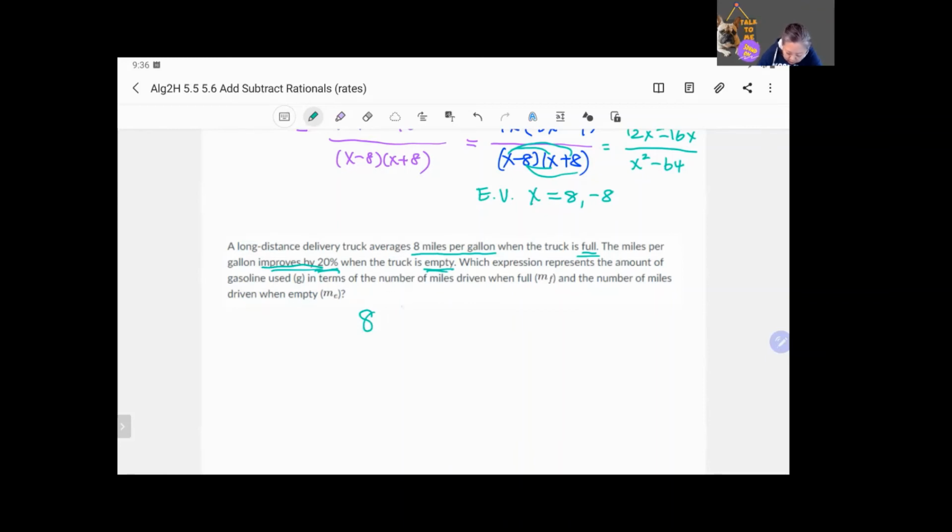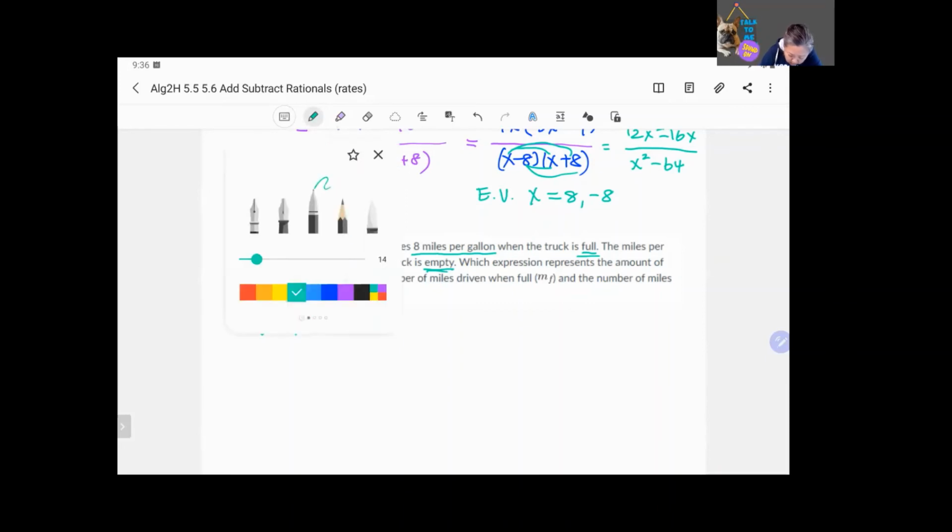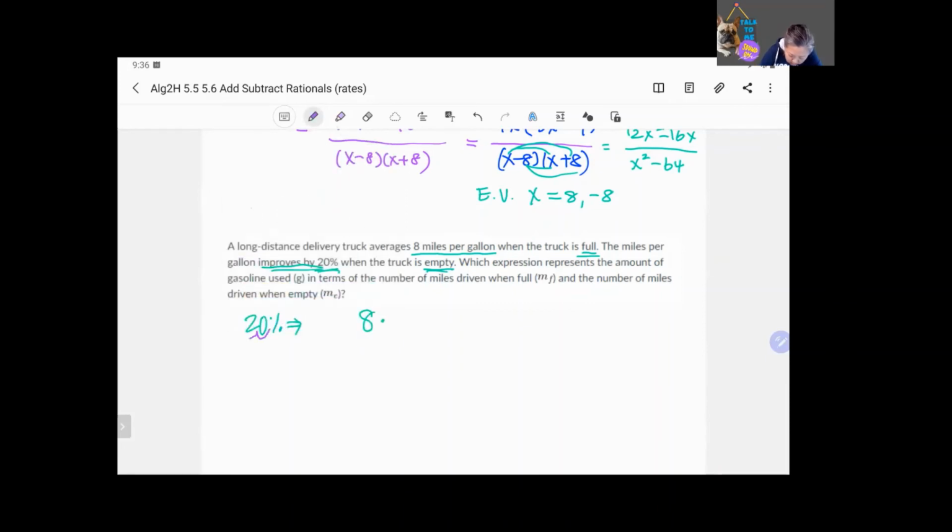But what's 20%? 20% means 8 times the original mileage, and then we can multiply by, we convert the percentage into the decimal, right? So it's 0.2.